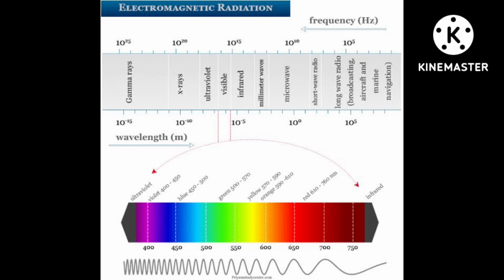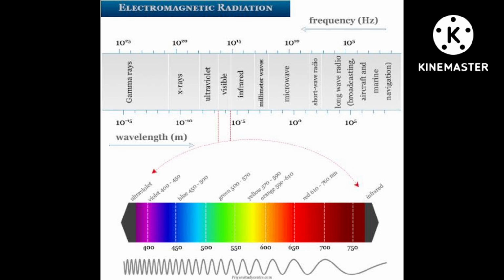A small ν, just like a V you write, with a small line above it, is the representation of wave number. ν bar. Then wave number is 1 upon lambda. First you have to calculate the lambda value, then 1 upon lambda is the wave number.